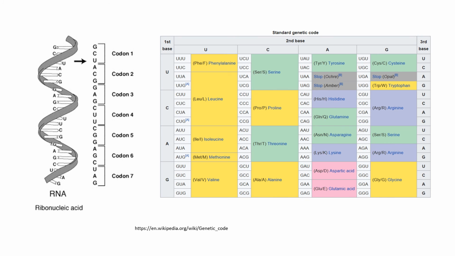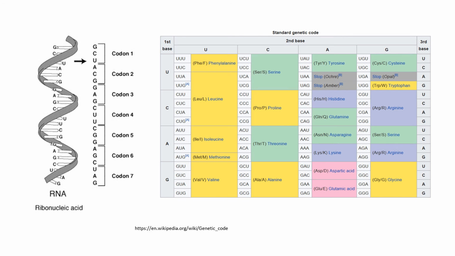Each three letters form one word called a codon, and each codon corresponds to an amino acid. So in this messenger RNA, you see that the first codon is GCU. The second codon is ACG. The third codon is GAG, and so forth.